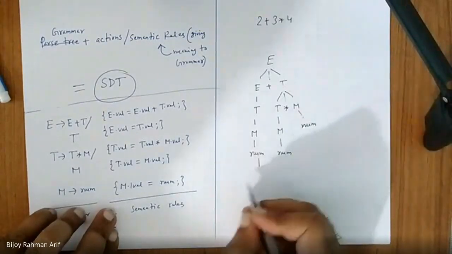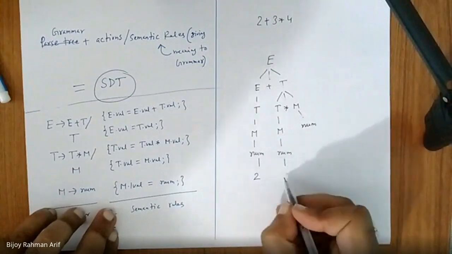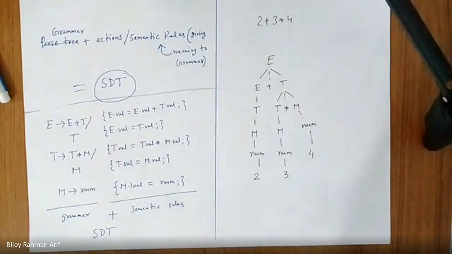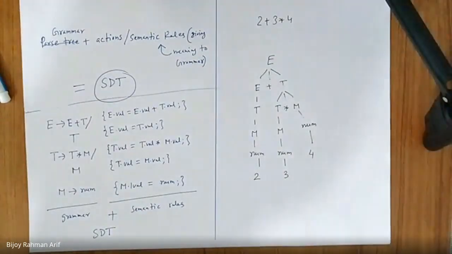Finally, this num is 2, this num is 3, this num is 4. Now see the magic. So this is the parse tree.